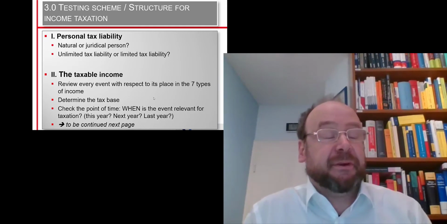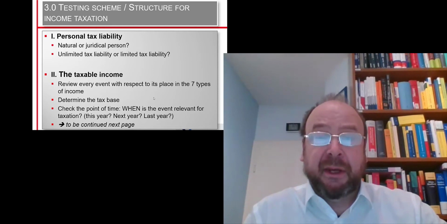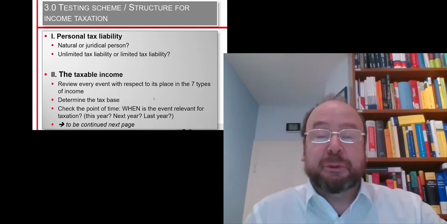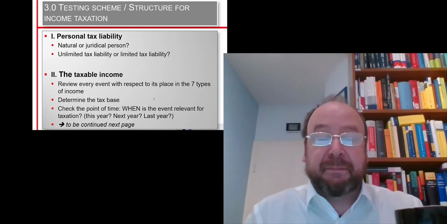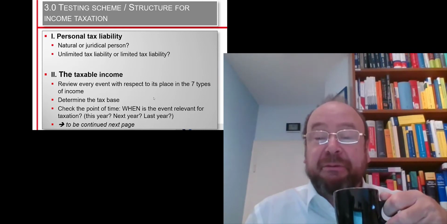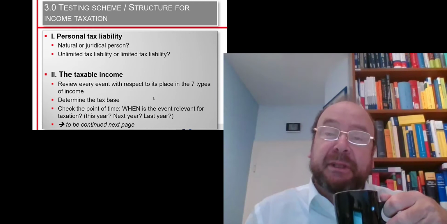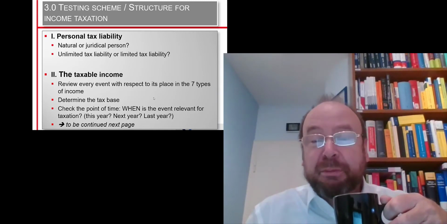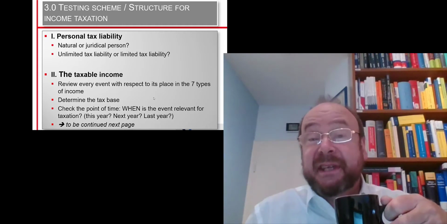For example, the first thing, usually a tax law has several different categories of income, and usually it matters to which income type your event belongs. So the first testing step here would be, which type of income is that? Yeah? Again, the denomination type of income would be a German one. In England, they would talk about schedules.